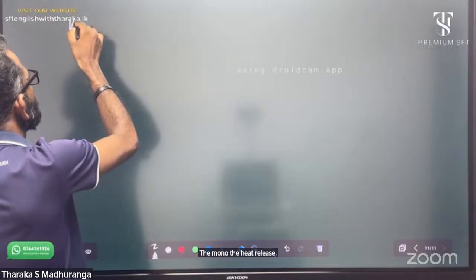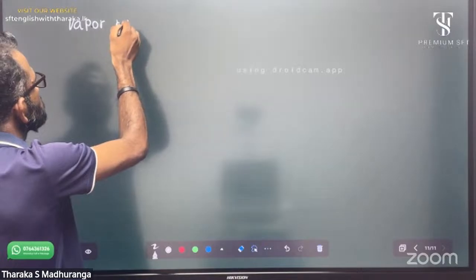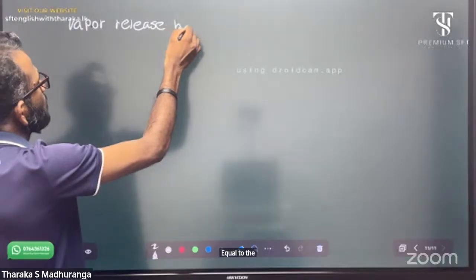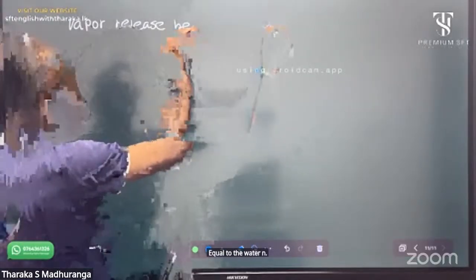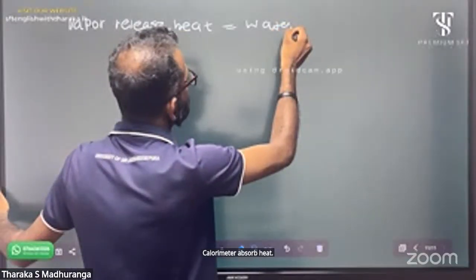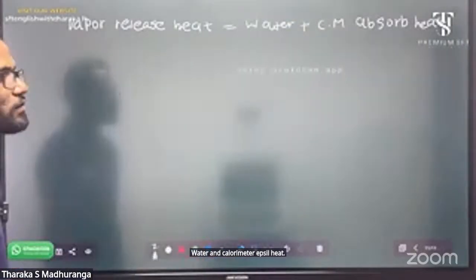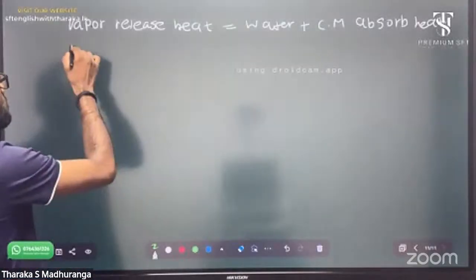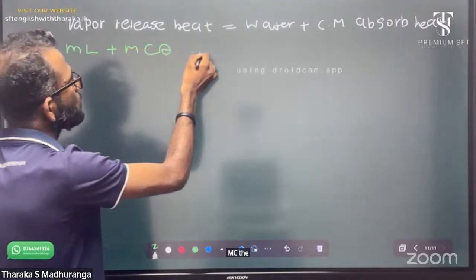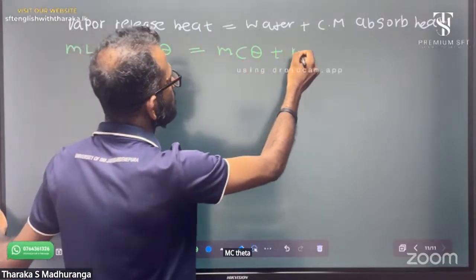Vapor release heat equals water and calorimeter absorb heat: mc theta equals mc theta plus mc theta.